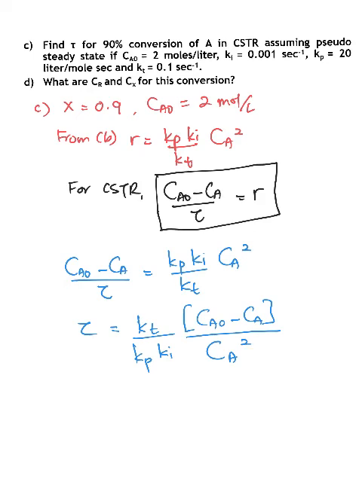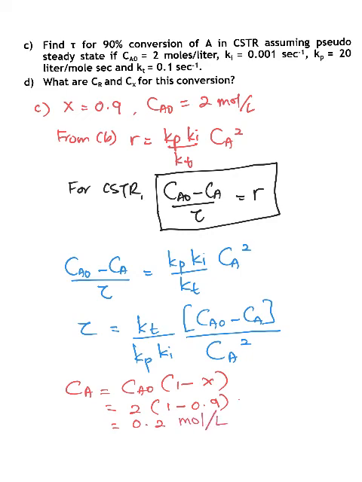CA should be no problem because CA equals CA naught times 1 minus X, and the conversion and CA naught are given. So 2 times 1 minus 0.9 equals 0.2 mole per liter.